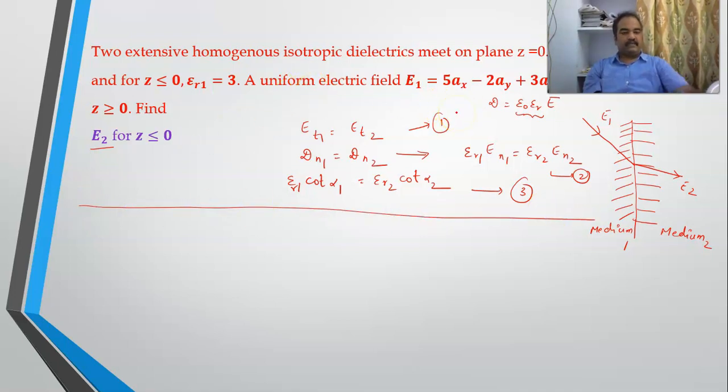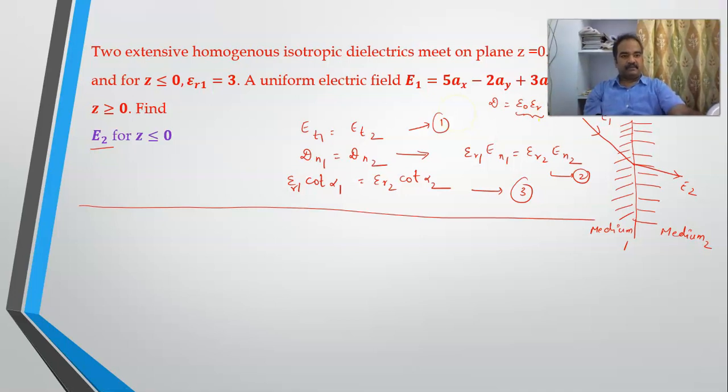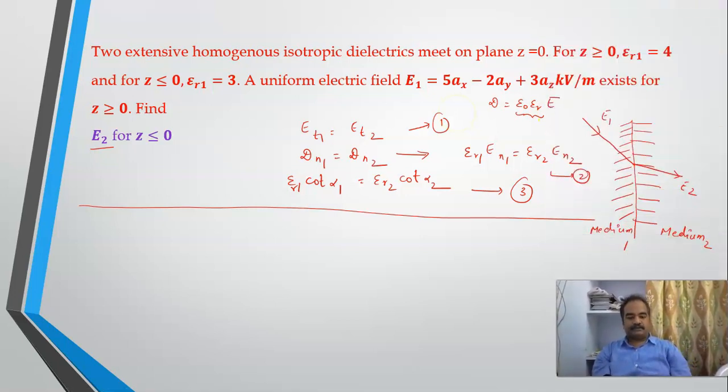See, the field has been given for me. This is epsilon R2. The electric field E1 is equal to 5ax minus 2ay plus 3az, isn't it? See, this is z is equal to 0, so the curve is like this.